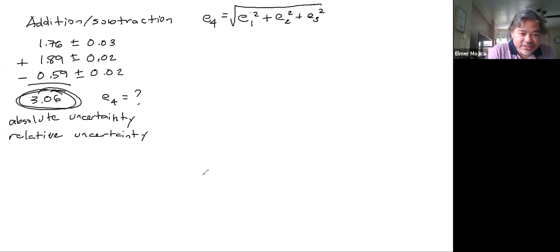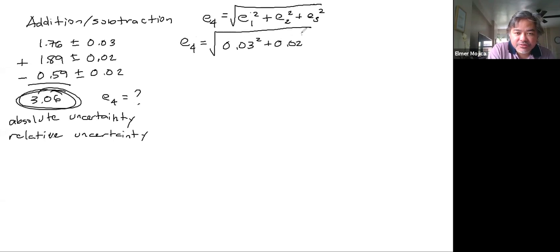So how do we get the uncertainty here? So we follow the formula that we have here. So e4, so that would be 0.03 squared plus 0.02 squared plus 0.02 squared. This will give you what? Anyone?